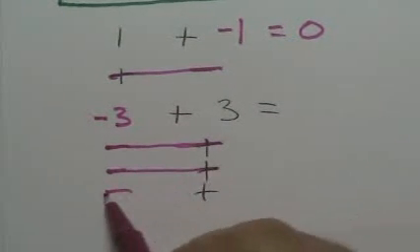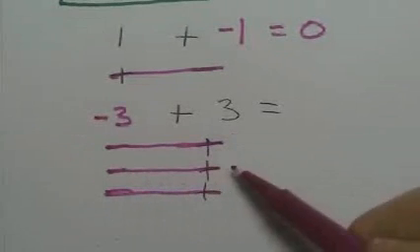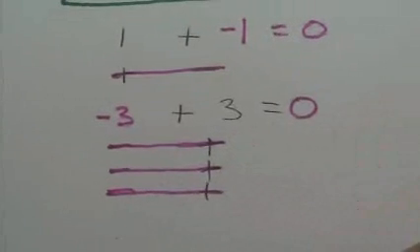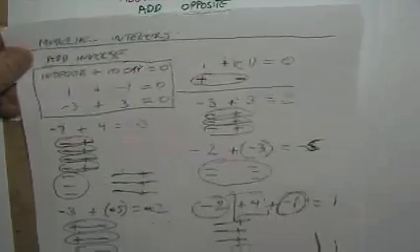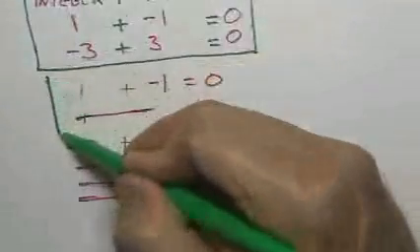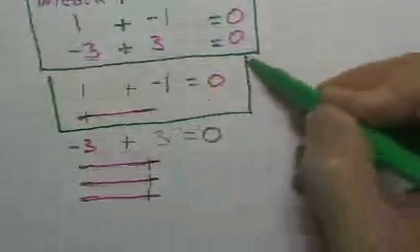These cancel, these cancel, and you have nothing left. It's 0. There's nothing left over. Okay, I just want to show you where we're going on this. Don't go too far down the paper because we're going to be doing two number lines down at the bottom. And I'm kind of sloppy, so I'm just going to box my problems in.